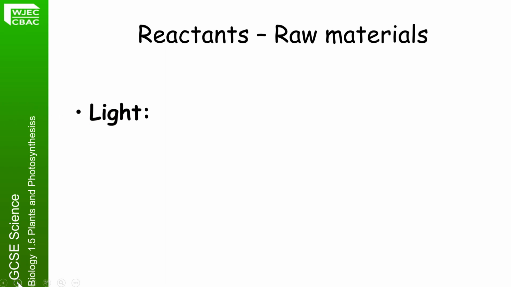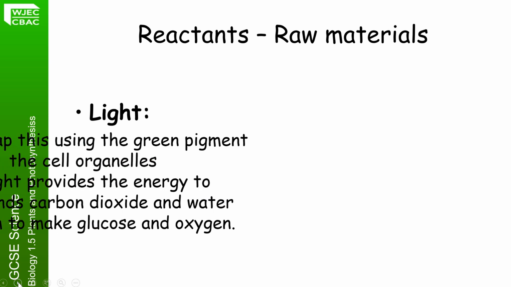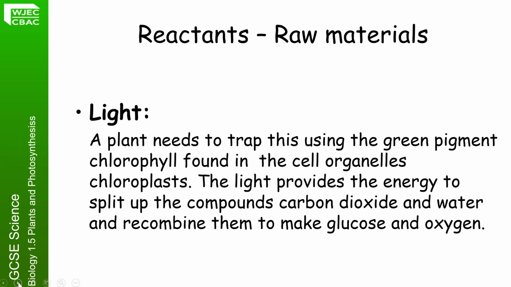Now, continuing with our reactants, we also need plants to trap light energy, and we know that they trap this light energy using this green pigment that we call chlorophyll, and chlorophyll is found in the cell organelles, which is our posh word for cell parts, that are known as chloroplasts. And all they do is, there's our carbon dioxide written as a formula, CO2.